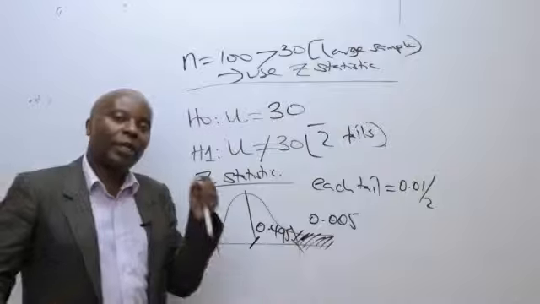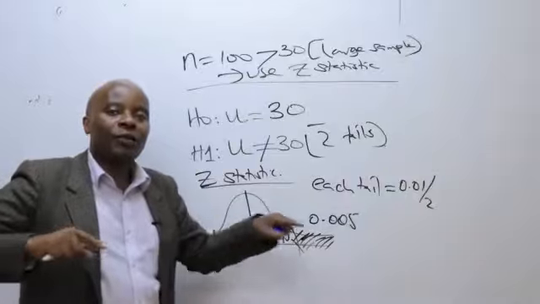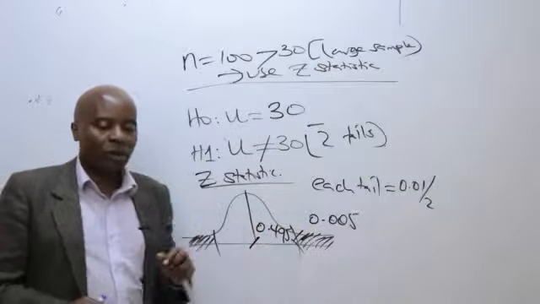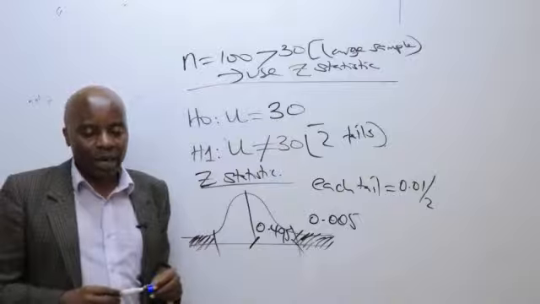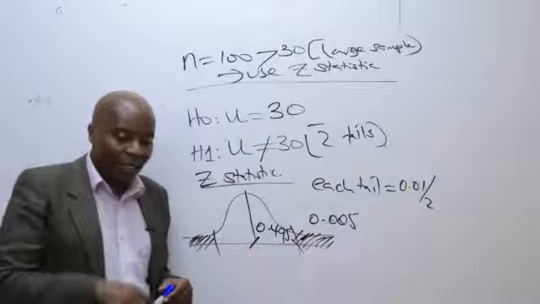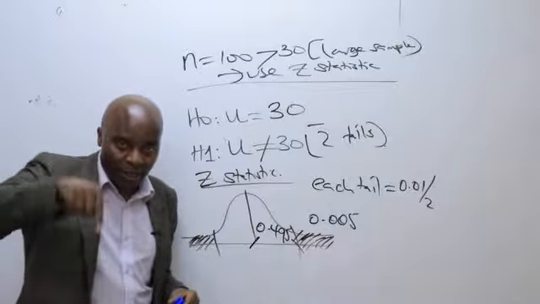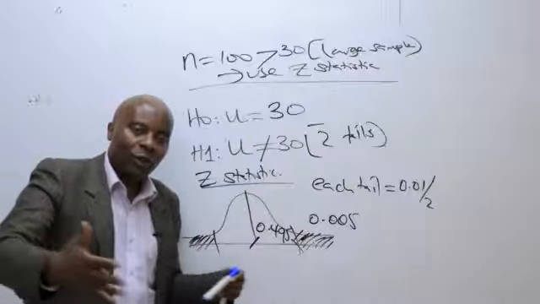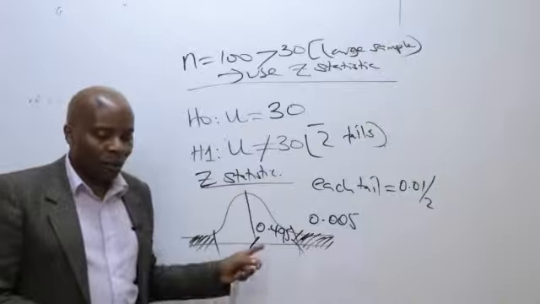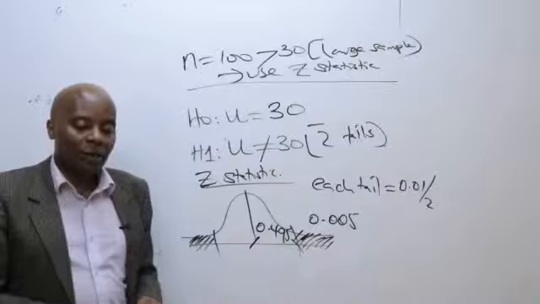Now, once I get this 0.495, I will get my Z table, get inside the Z table, and then I use reverse gear to read an equivalent Z score. Whatever you have here is the entry, we are entering inside the table, and then we read in reverse gear.